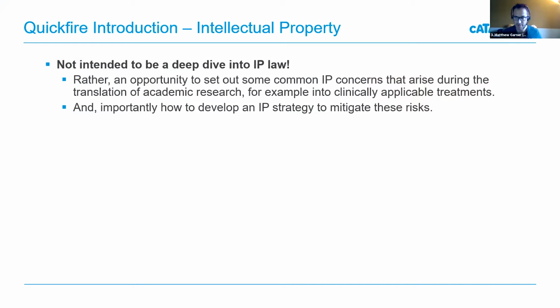And just wanted to reassure everybody that this isn't going to be an intricate dive into the convoluted world of IP law itself and the mechanisms of protection down at the nitty-gritty legal level, but more an opportunity for us to talk at a fairly high level about some of the IP concerns that arise during the translation of academic research, and ways that we can develop strategies to mitigate risks and to avoid falling into pitfalls.